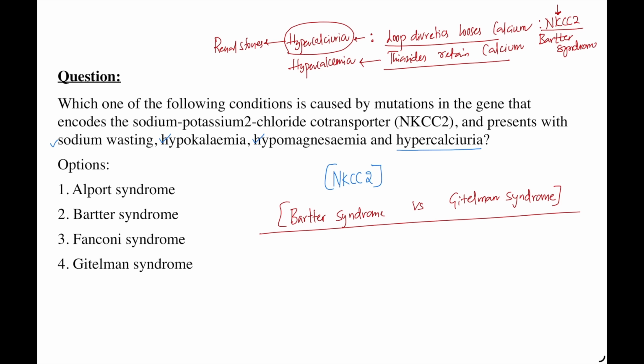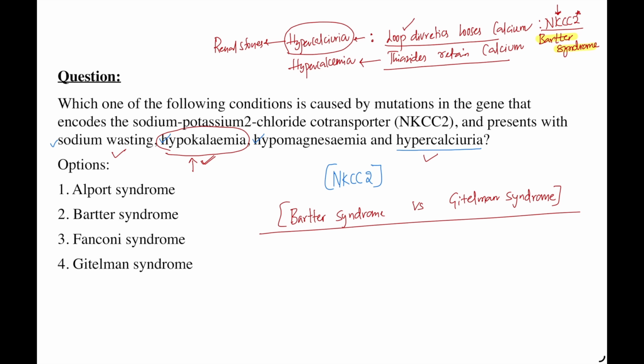Loop diuretics have a major side effect of hypokalemia. That's the reason we have to give potassium sparing diuretics whenever we give so much loop diuretic. So this explains sodium wastage, hypokalemia, and hypercalciuria. As if this sodium potassium transporter is mutated, the picture is similar to excess loop diuretics in the body, and this condition is Bartter syndrome.